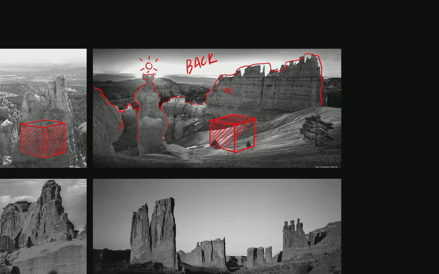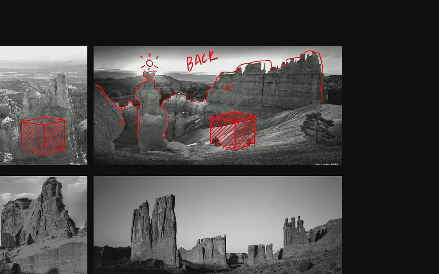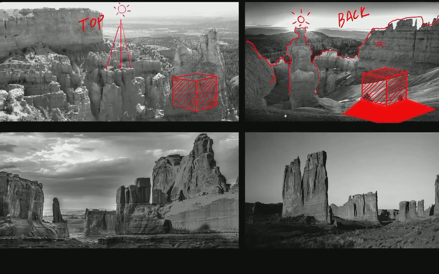Everything else is going to be in shadow. None of this is going to be lit. And the cast shadow is going to be coming towards us. So that's what that lighting scenario would be.